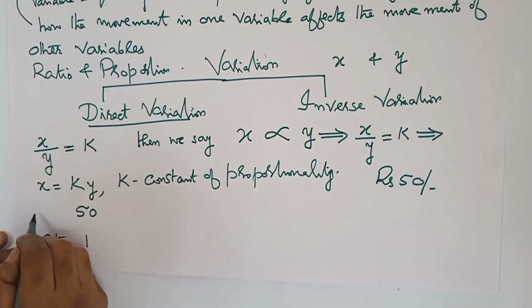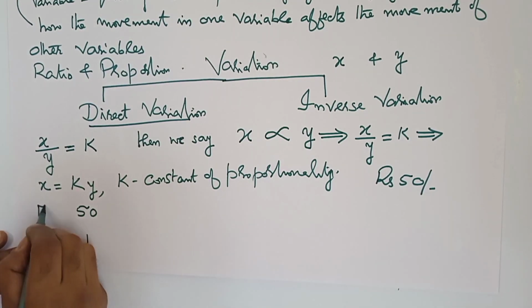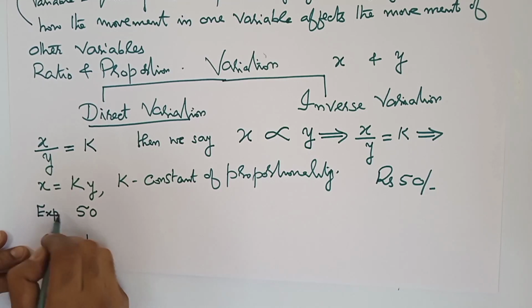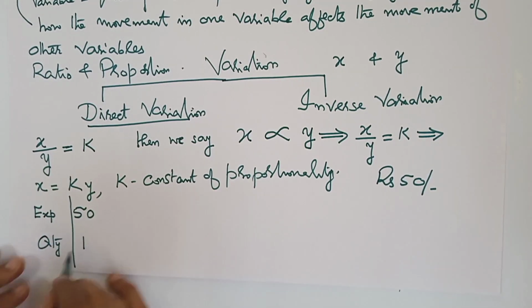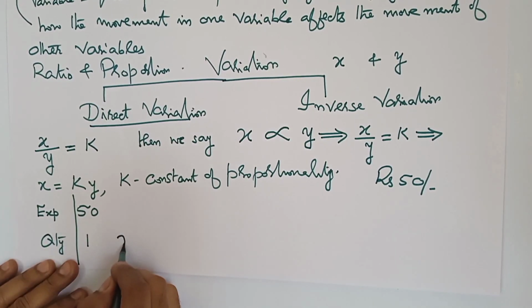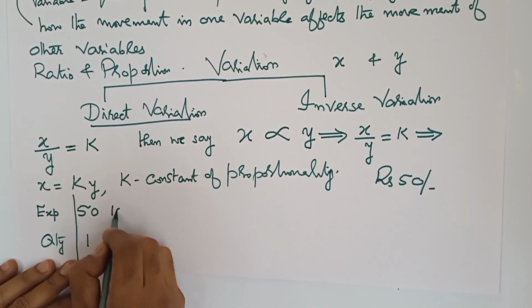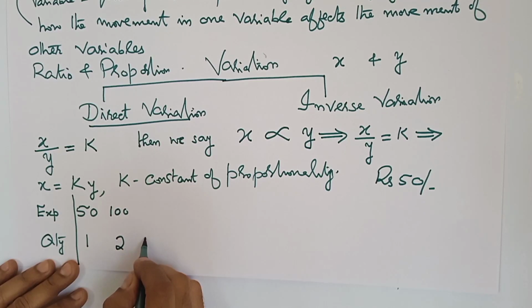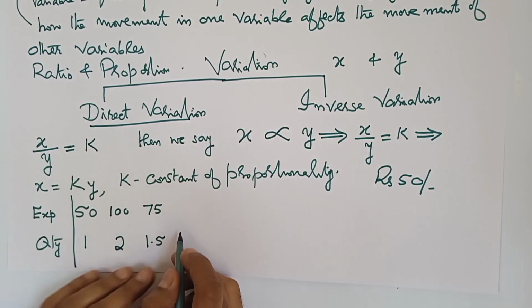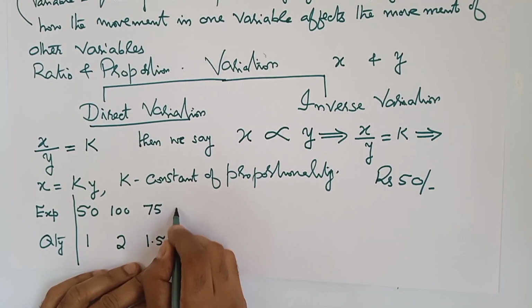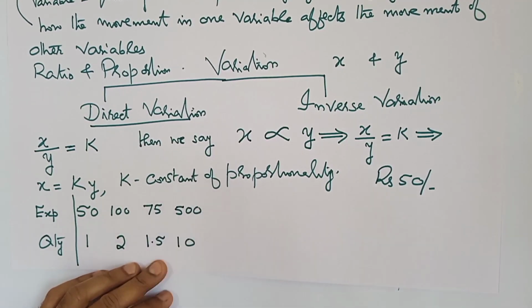Or rather, this is the expenditure. Expenditure, quantity. Now, if you buy 2 kilo sugar, obviously you pay 100 rupees. If you buy 1.5 kilo, you pay 75 rupees. If you buy 10 kilo, you end up paying 500 rupees.